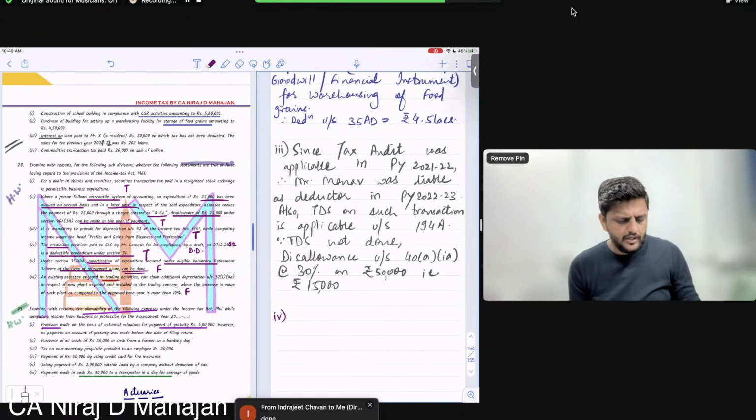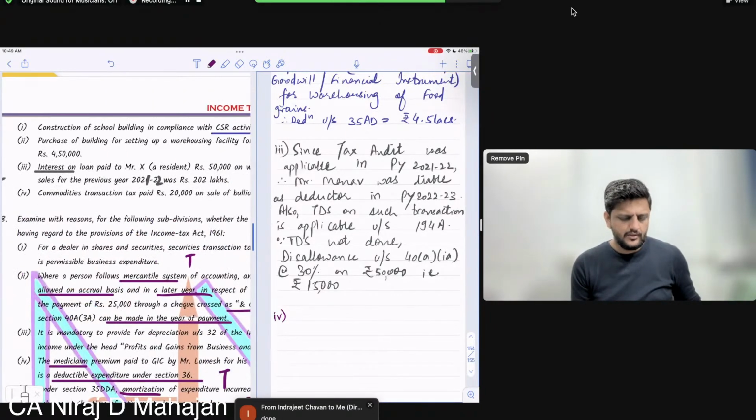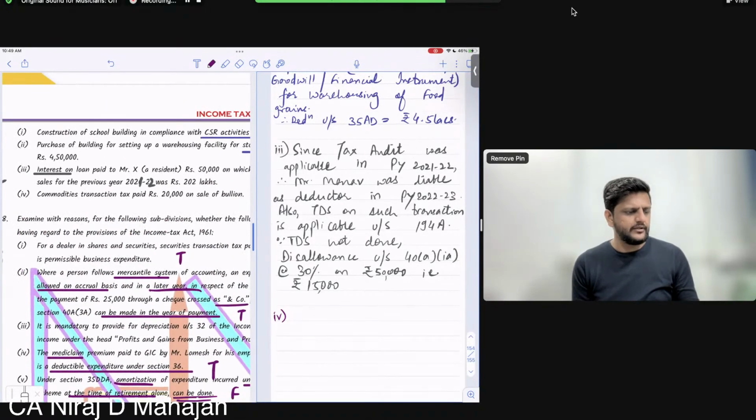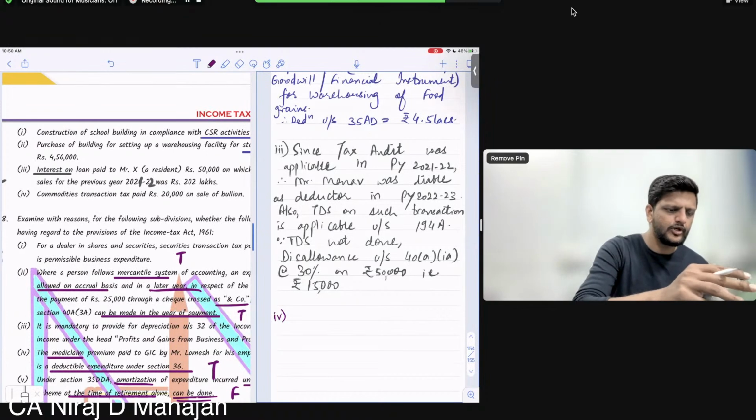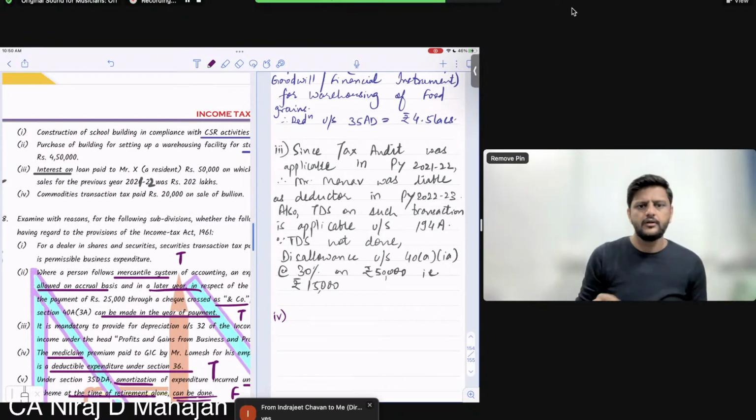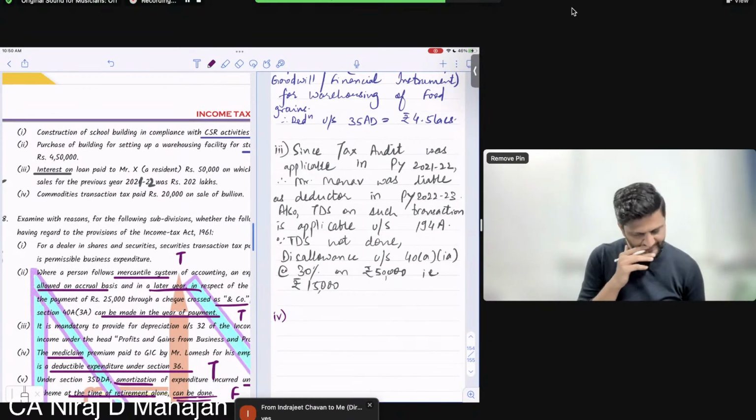Fourth, CTT, Commodities Transaction Tax paid rupees 20,000 on sale of bullion. What is bullion? Again, it is your metals. Your gold bar, biscuit you might have heard.